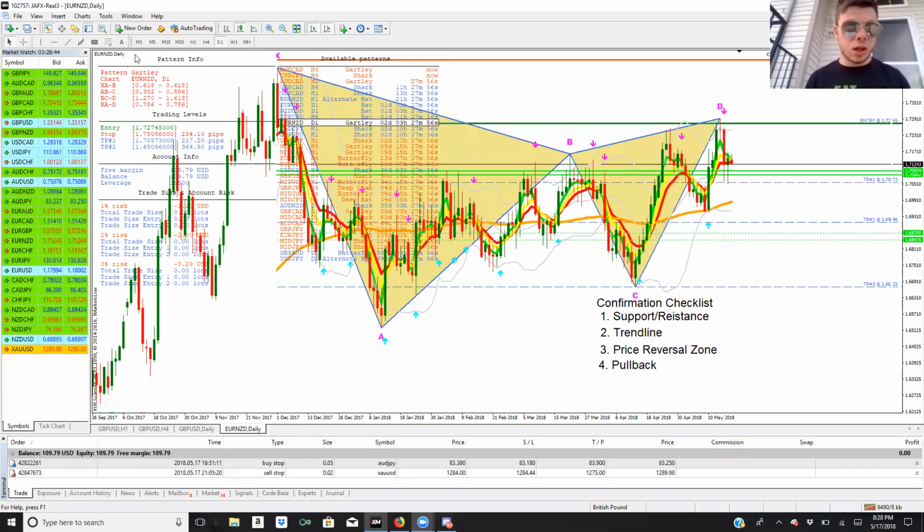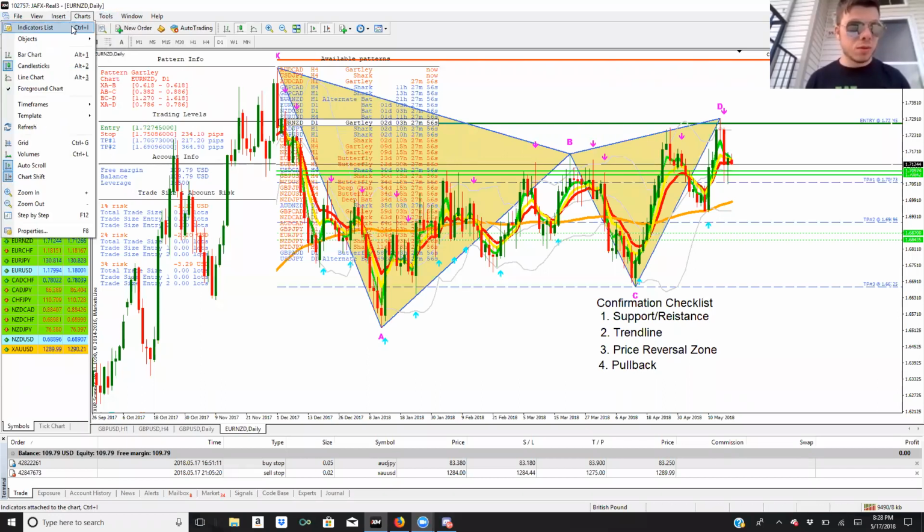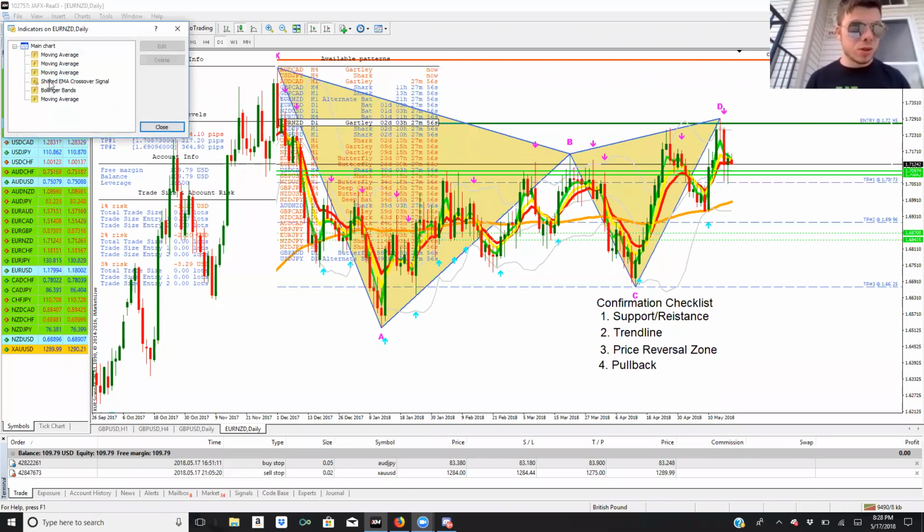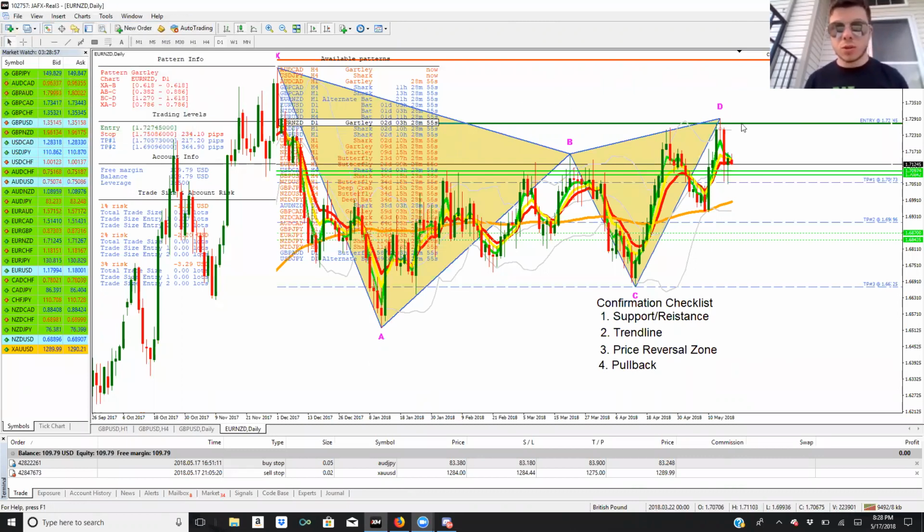So we're actually going to take off some of these indicators just so you guys can see. We'll just take off those arrows because those are confusing. All right.